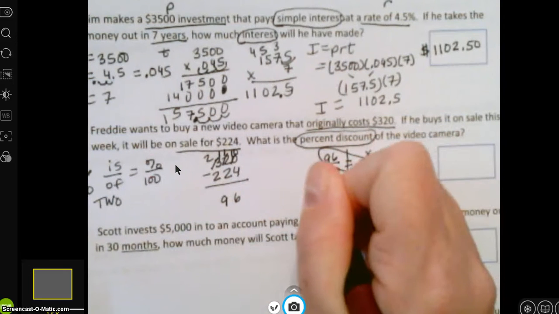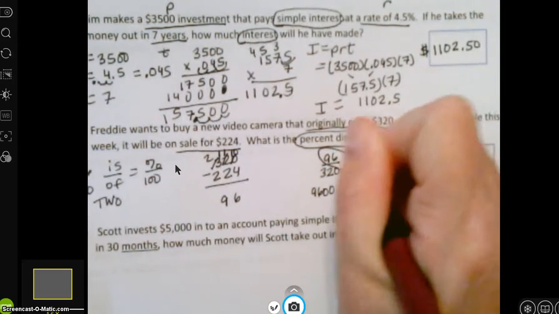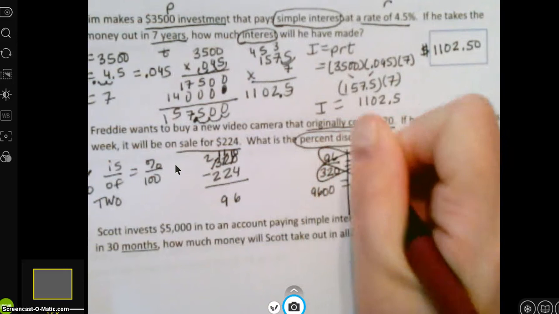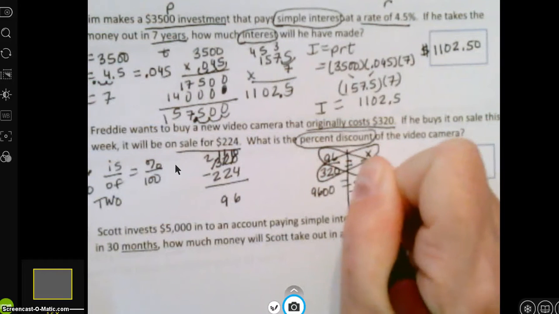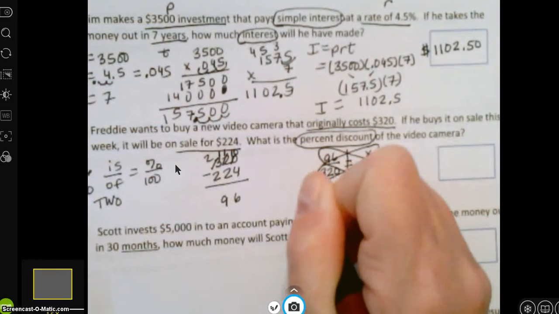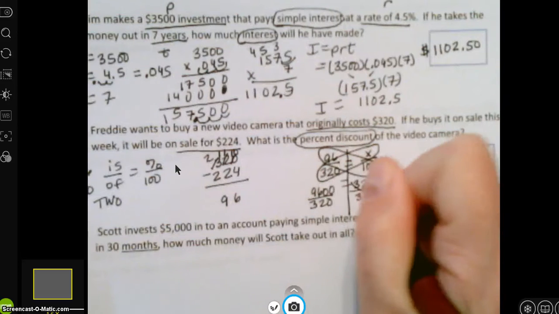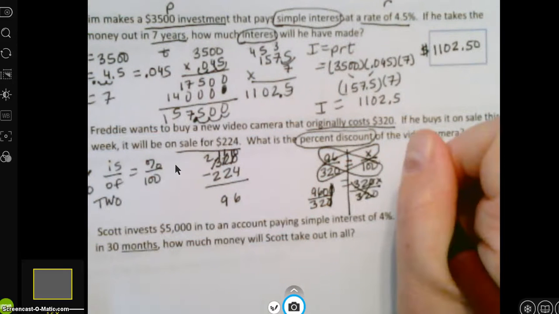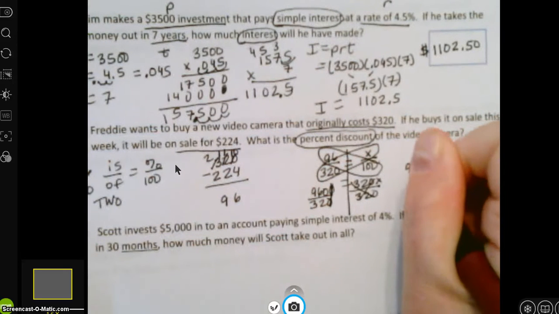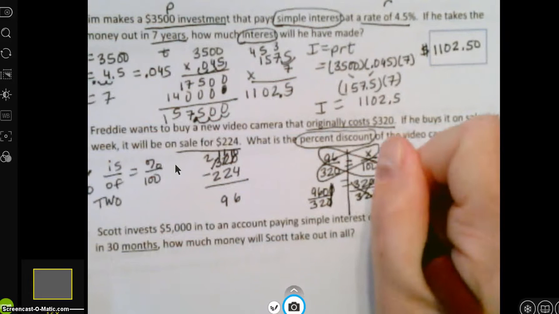96.0 equals 320x. Divide both sides by 320. Cross off the zeros. And then I do 960 divided by 32.